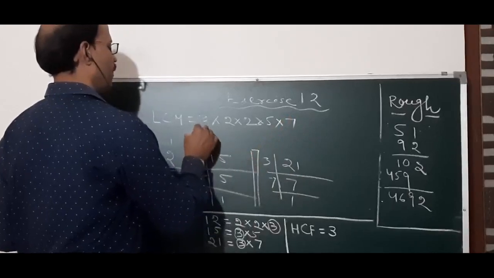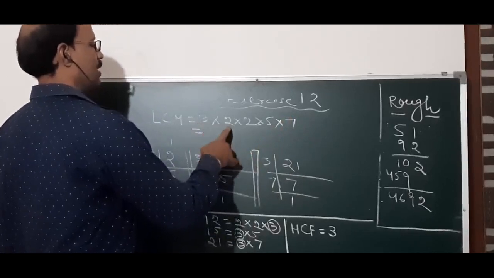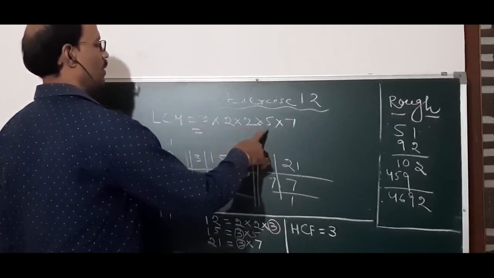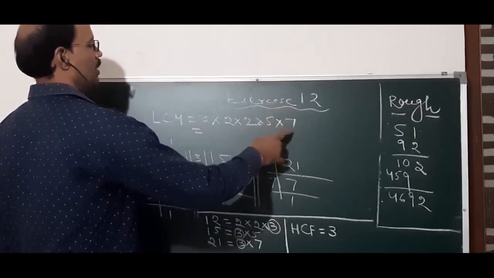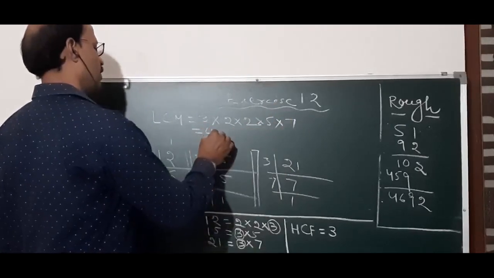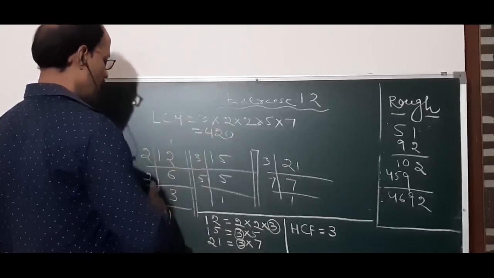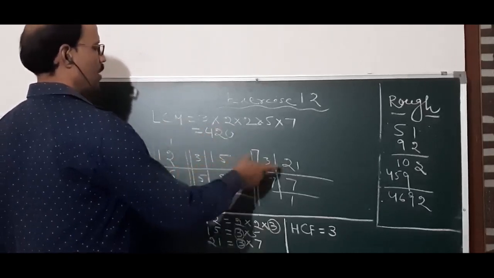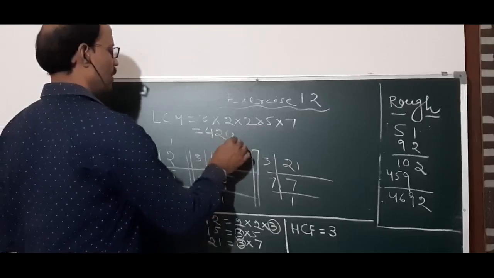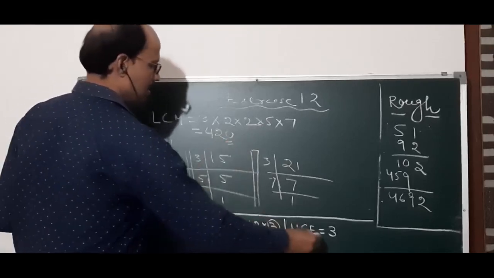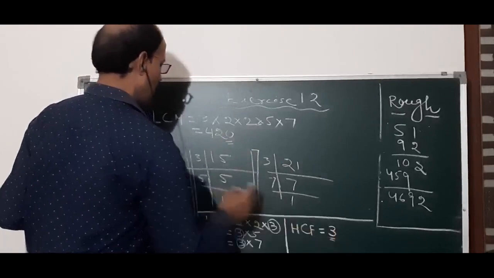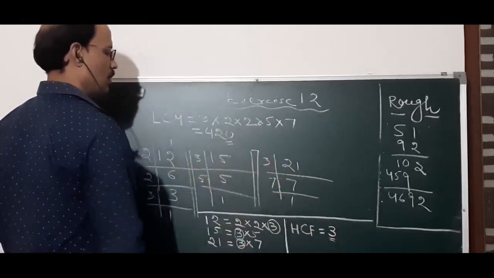So 3 multiplied by 2 is 6, 6 multiplied by 2 is 12, 12 multiplied by 5 is 60, 60 multiplied by 7 is 420. So LCM of 12, 15 and 21 is 420, and HCF of 12, 15 and 21 is 3.